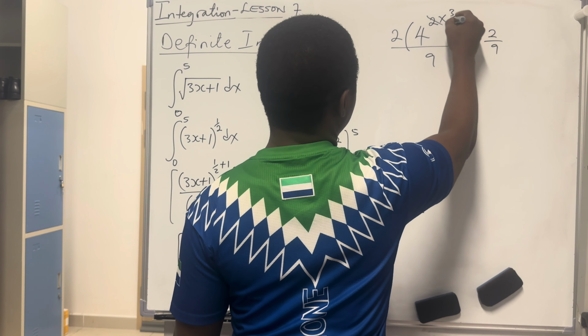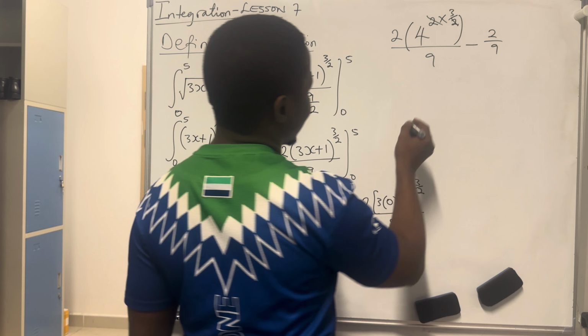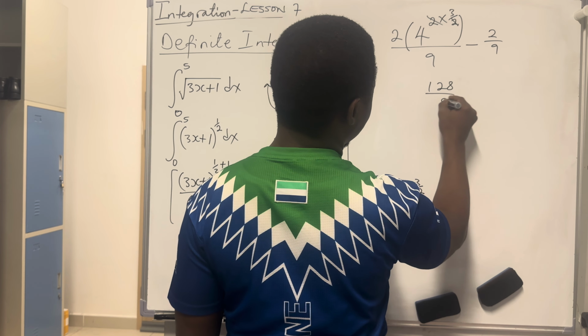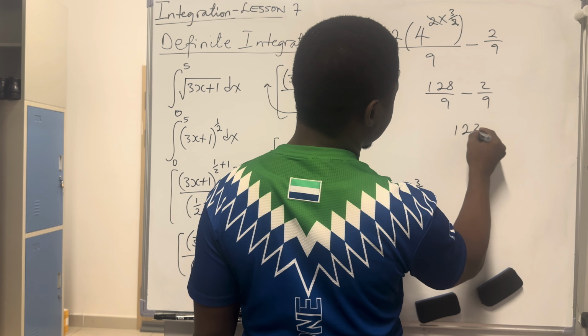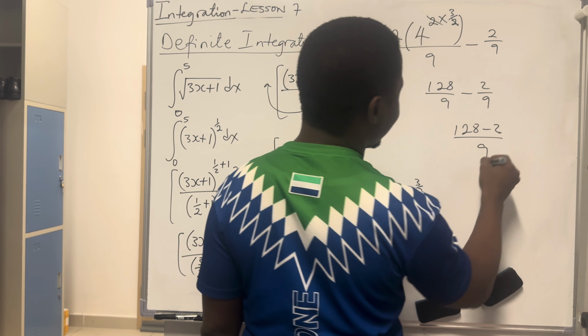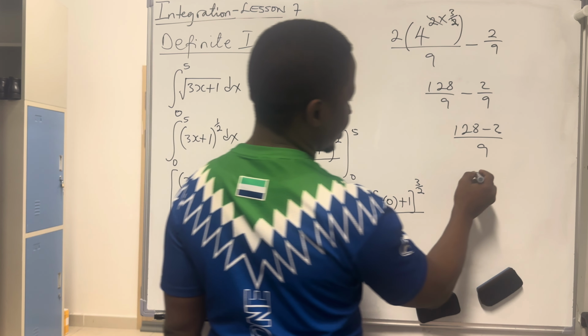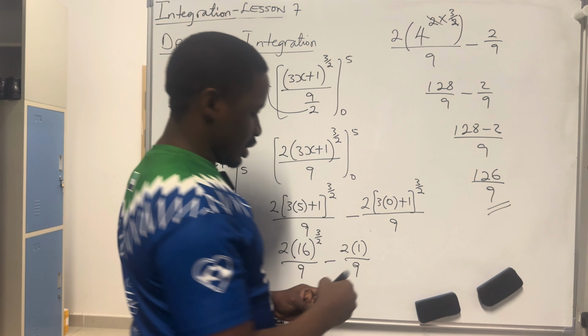So this takes away this. 4 to the power 3 is 64. 64 times 2 is 128 over 9, minus 2 over 9. So 128 minus 2 over 9. We are lucky the denominators are the same. So 126 over 9. So this is what we have.